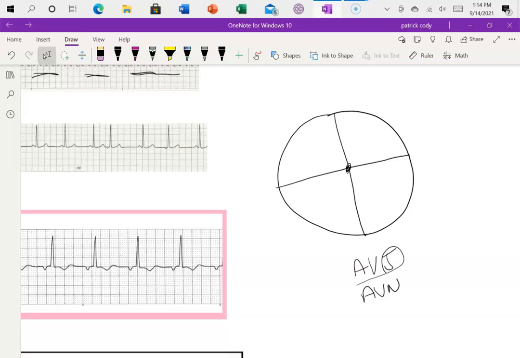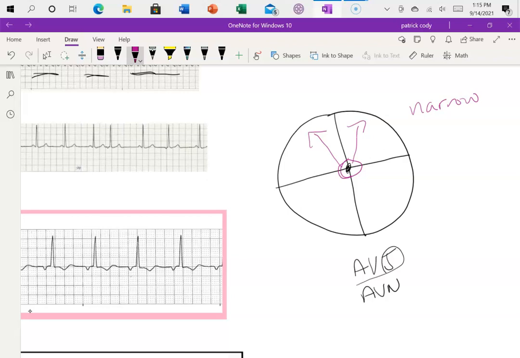If I have automaticity that originates right here at the junction, then typically I'm still going to see a narrow complex, like I would if I had something coming out of the atria. But in this particular setting, because I'm conducting in a retrograde manner through the atria, I'm going to see one of a couple of things with my P waves.